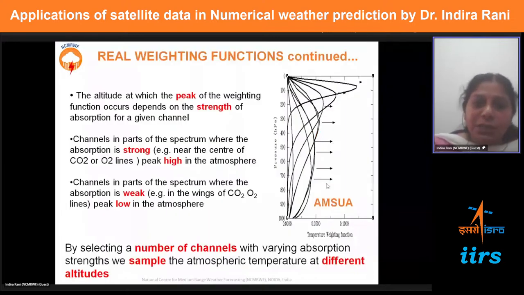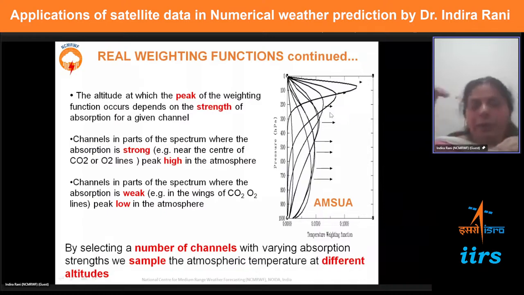The real weighting functions, this is for AMSU A, we can see here. AMSU A has 15 temperature channels. Not all the channels are shown here. You can see that these arrows show where each channel peaks. So you will get information from these different levels of the atmosphere, like 700 HPA, 650 HPA, and so on.